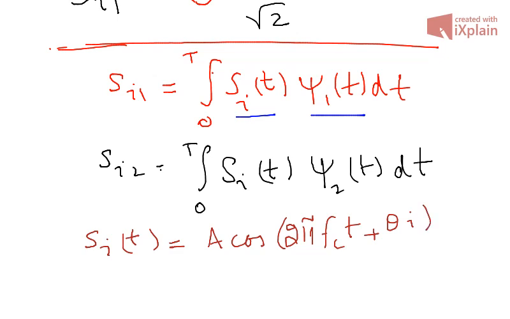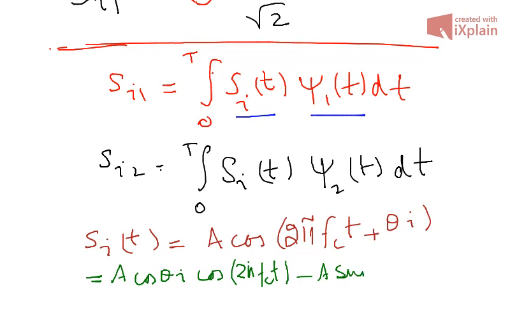This is the same as A cos theta I cos 2 pi FCT, actually not plus, you should have minus, because cos of alpha plus beta has a minus sign, minus A sin theta I sine of 2 pi FCT, right?